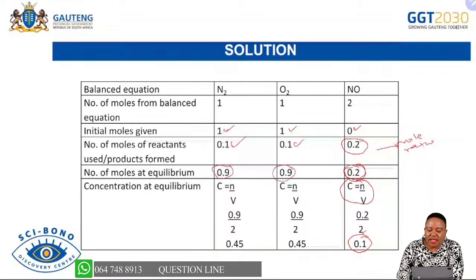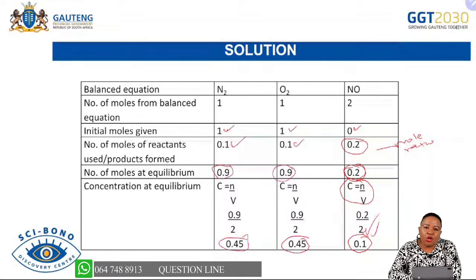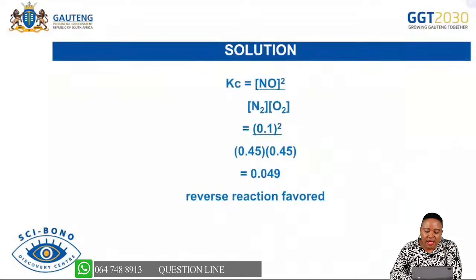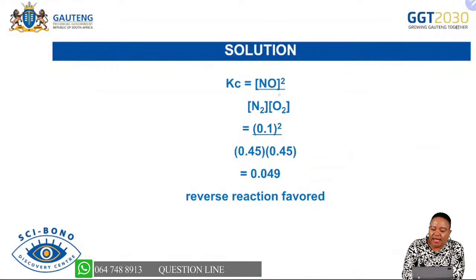And then after getting your number of moles, now you can find the concentration of each of the two at equilibrium, because definitely this one was already provided to you as a clue in order to find the other ones. And then after that, you will use the Kc expression, whereby you say the concentration of nitrogen oxide squared is divided by the concentration of nitrogen multiplied by the concentration of oxygen.